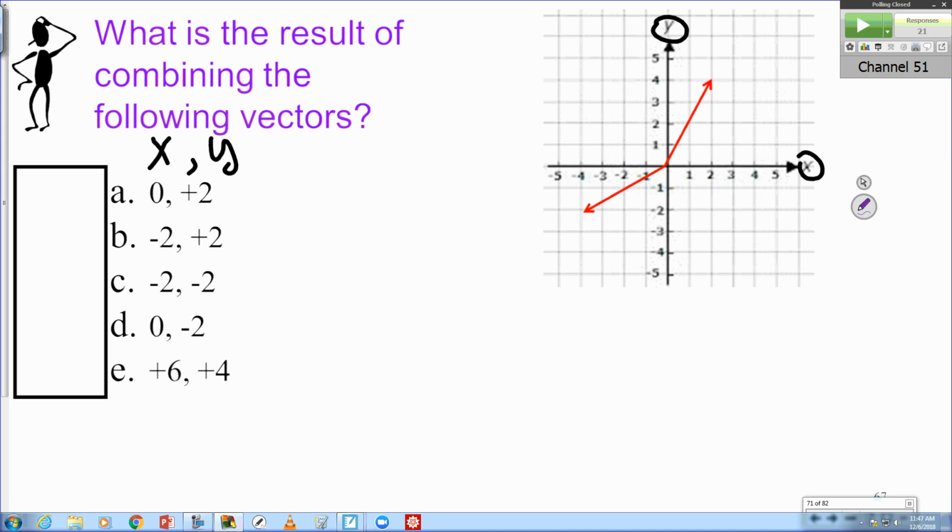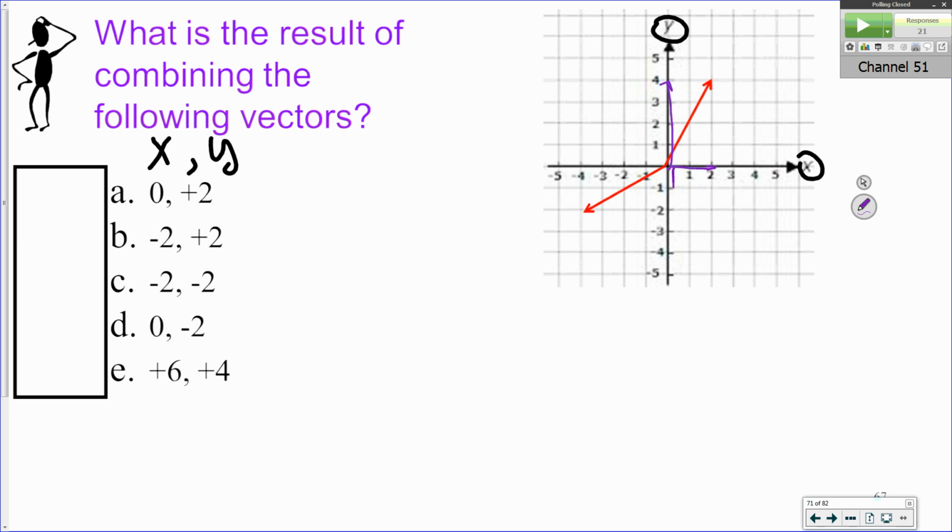All right, so if I'm going to take this vector first, it's got a -2 component, or a +2 and a +4 component. If I look at this vector, it has a -2 component and a -4. So on the X scale, I've got to put together a -4 and a +2.